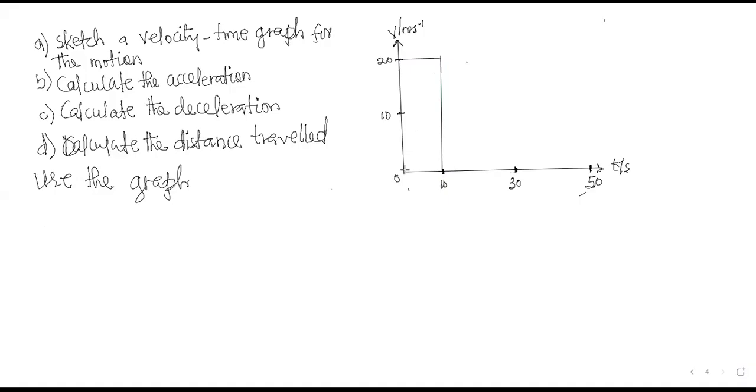So from 0 here, okay, then the velocity is maintained for a further 20 seconds. So this velocity of 20 is constant.